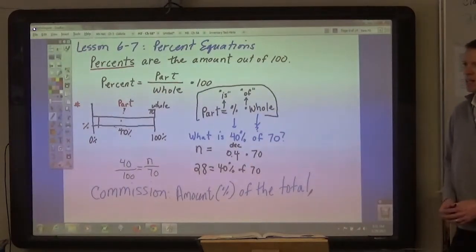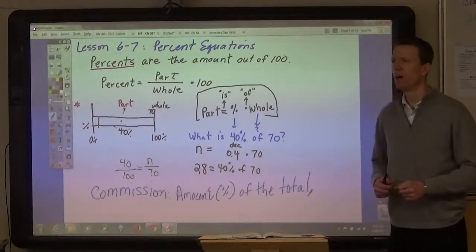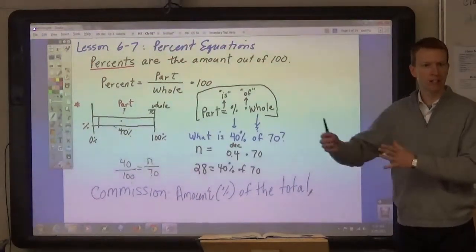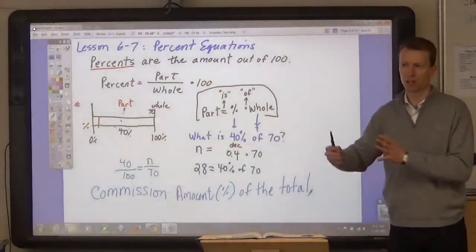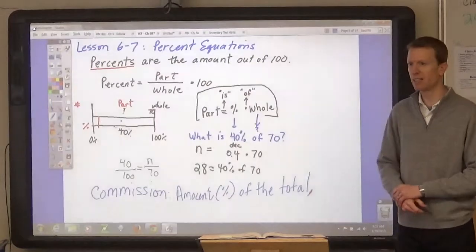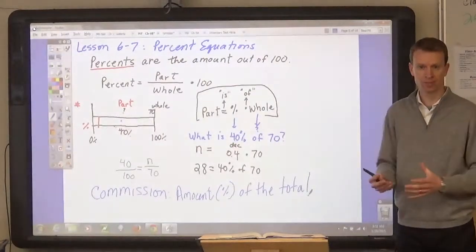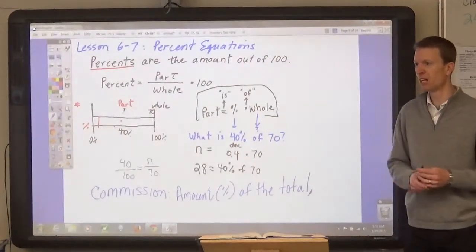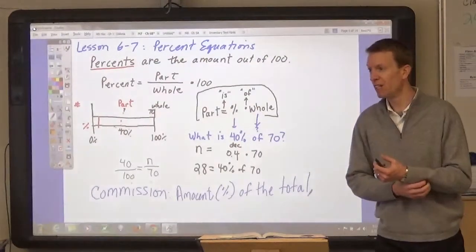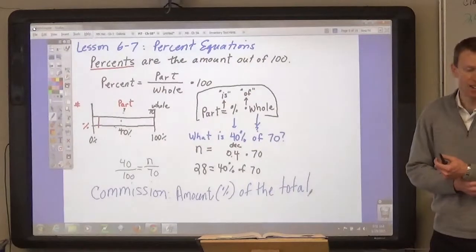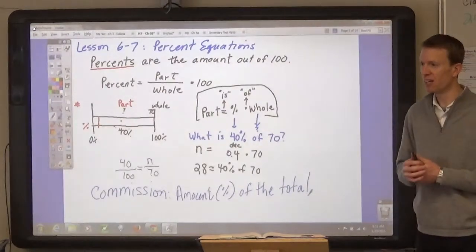Commission might be given to somebody that's in sales. If they sell a certain dollar amount, let's say they sell $1 million worth of houses in a year, which is, if most houses are about $250,000, how many houses is that? 4 houses. Okay?